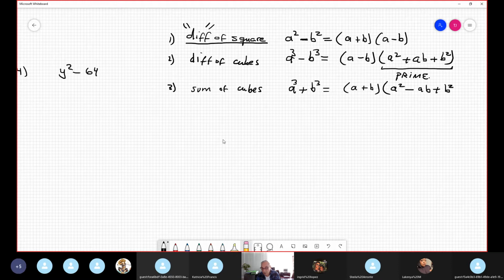This is a formula, guys, and you apply it directly. That makes that part easy. And this trinomial again is prime, exactly the same idea, so you leave it like that. Don't continue factoring because it's impossible.